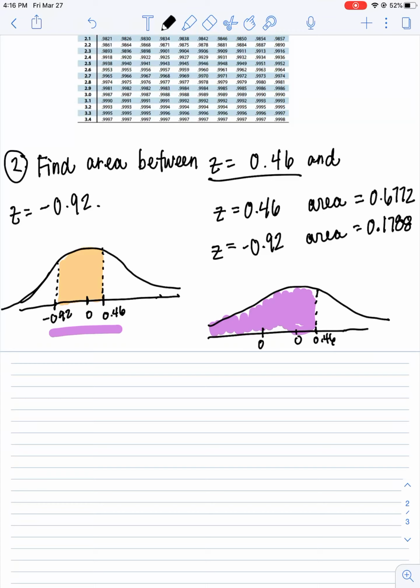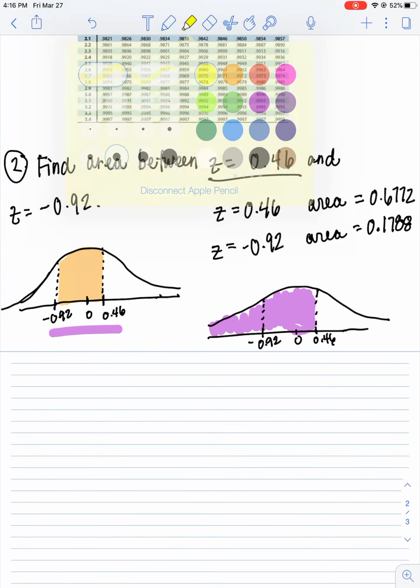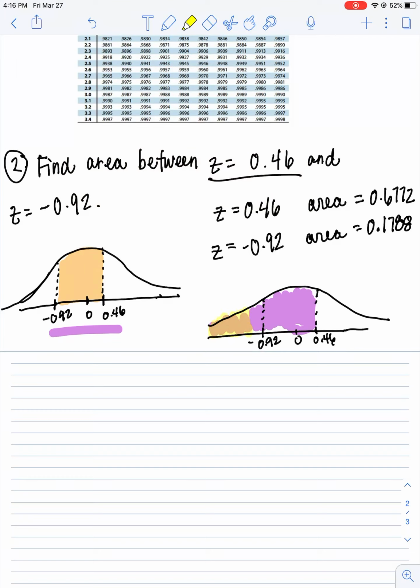And so, guys, if I drew it, 0.92, that would be this area to the left. But remember, I want the area right there, that purple area or that orange area, whatever you say.